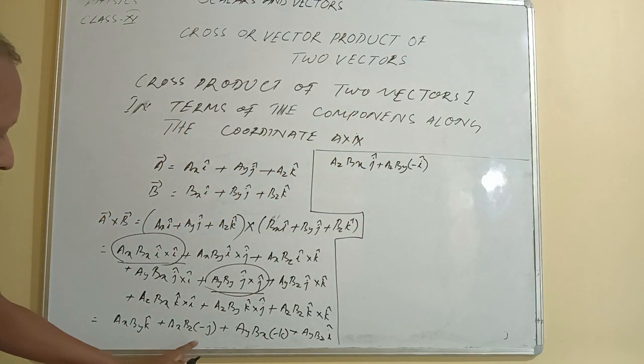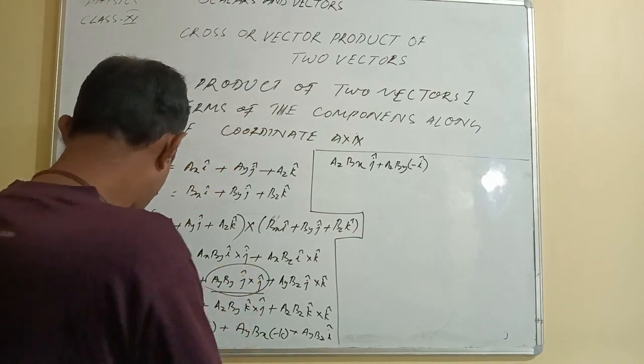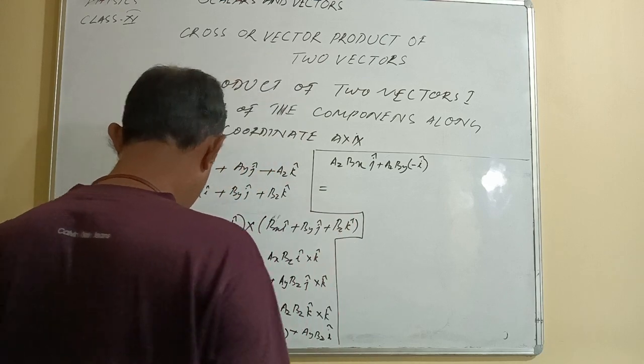So here is a minus, here is a minus, here is a minus. If I simplify this one, then what will happen?